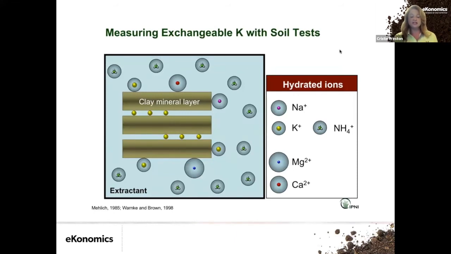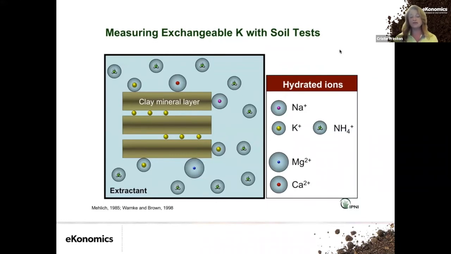We're introducing an extractant to the soil. We're trying to get a good picture of what nutrients are available to the plant. That's the whole purpose of doing the soil test. What can the plant see? Universities and laboratories have done countless numbers of years of research correlating these methods to what the plant's seeing.